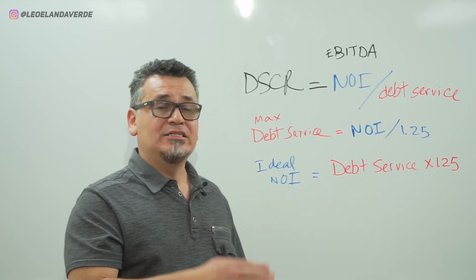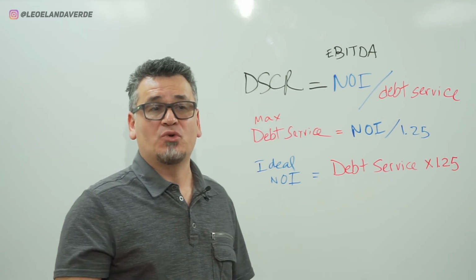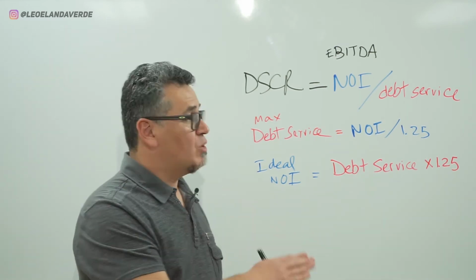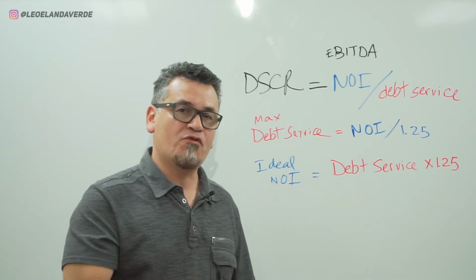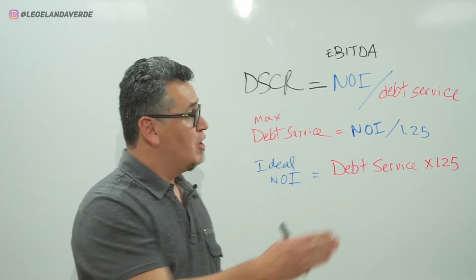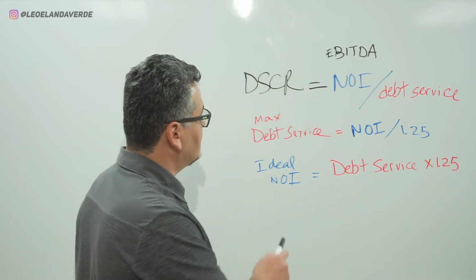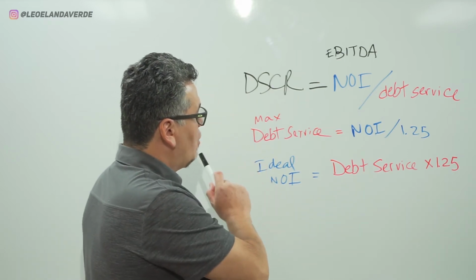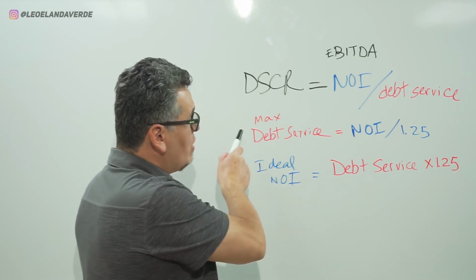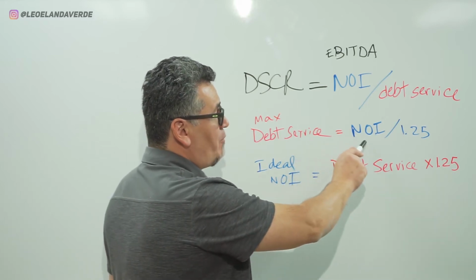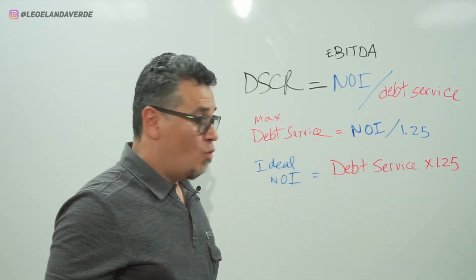Now, as the situation is fluid with the markets right now and where we are in the middle of a pandemic, this is what's going on. So I've seen this ratio go from 1.20 to 1.25. For the sake of this video, it's gonna be 1.25. So for instance, if you wanna know your max debt service, it equals net operating income divided by 1.25.